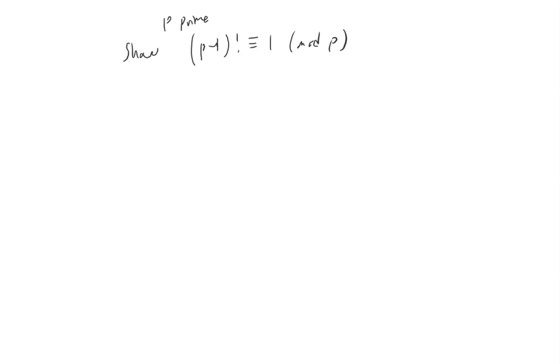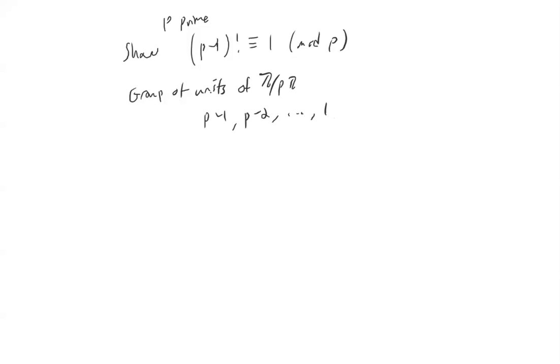So how about this? Let me ask you something. Given the group of units of Z mod pZ, is everyone convinced that this is just everything in p minus 1 factorial? It's p minus 1, p minus 2, all the way to 1.